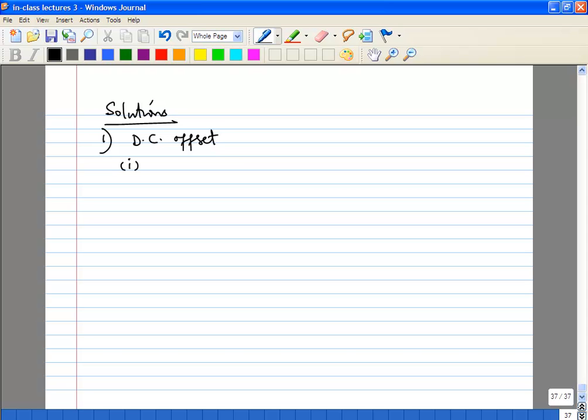You can employ some kind of DC-free coding. You can do that. But in many cases, you don't have a choice. So then what can you do? You can try to get as close to DC as possible and do some kind of high pass filtering, which means AC coupling.